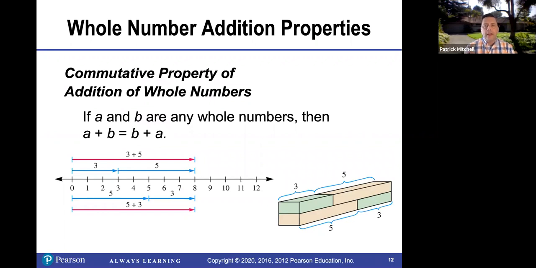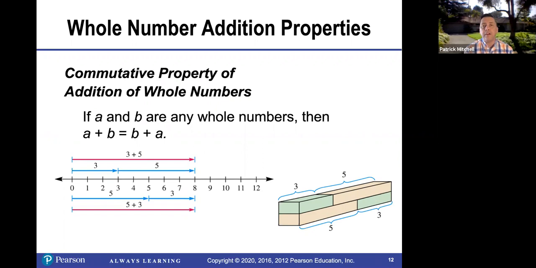Commutative property, and you see here a couple of different ways to illustrate it. If A and B are any whole numbers, then A plus B is the same thing as B plus A. So this is a really, really useful property for students who are learning their addition facts.